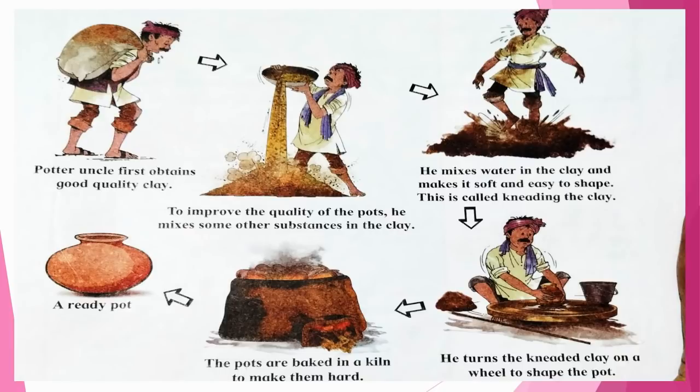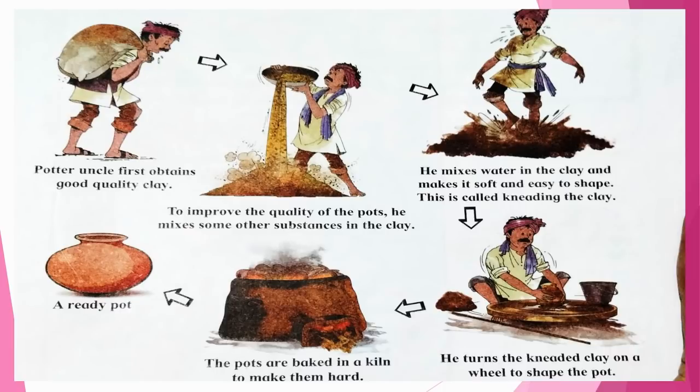Students, a potter making pots is a type of industry. Have you seen how a pot is made? Now look at these pictures below. In the first picture, the potter first obtains good quality clay. Then, to improve the quality of the pot, he mixes some other substances in the clay.